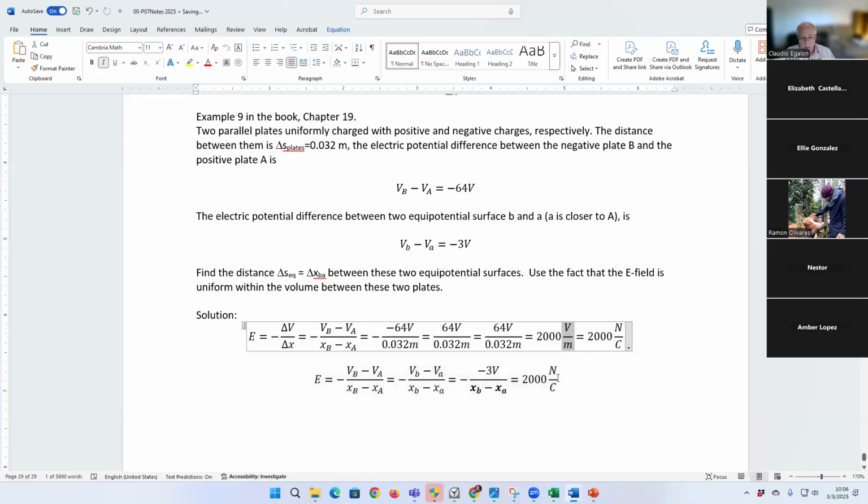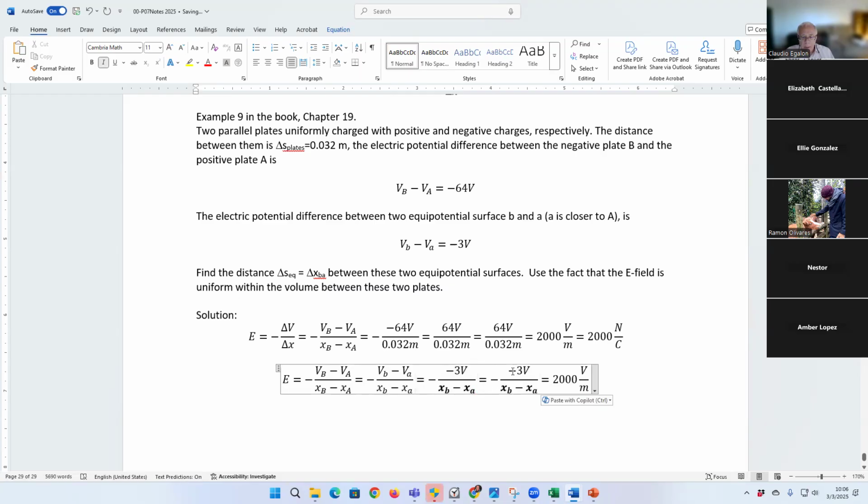Let's use volt per meter. Now you can solve this equation. One more step: the negative cancels out with the negative, and then I'm going to put delta X dA. That's the equation that we have to use to finish our solution.